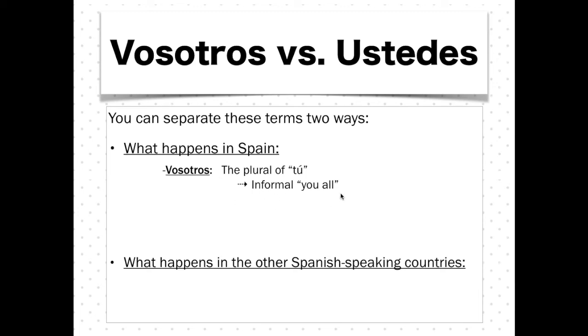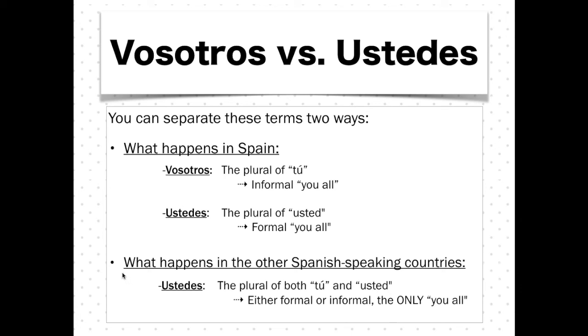So that would be their way of informally saying you all. And then they use ustedes as the plural of usted. So that would be their way of formally saying you all. And then all the other Spanish-speaking countries of the world just use ustedes as the plural form of both tú and usted. So it's both formal and informal. It is the only way to say you all, and that is the form I use.